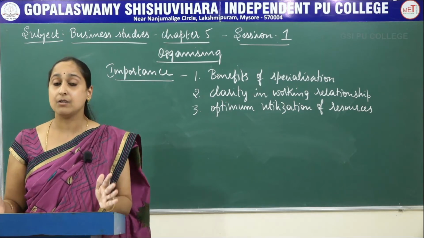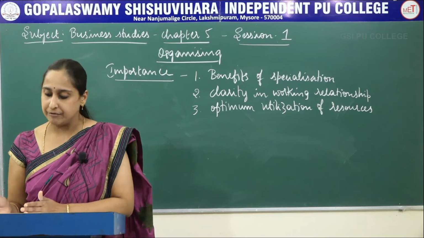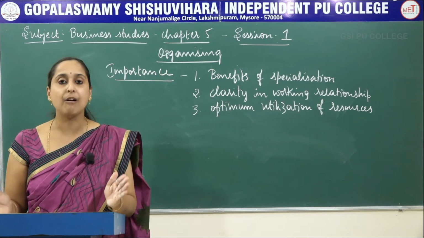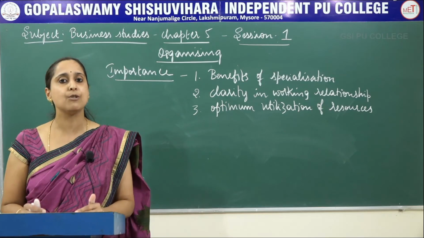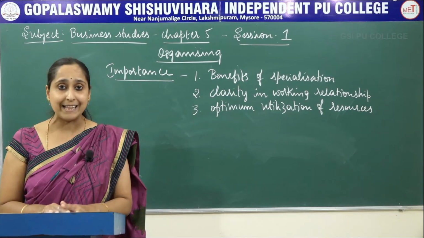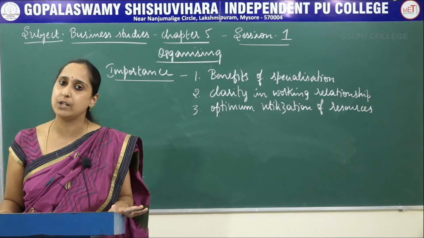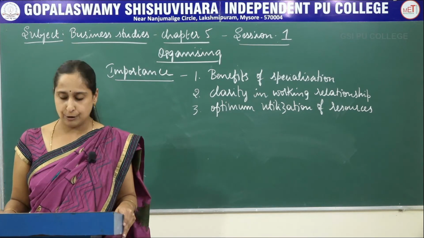There is always a proper assignment of job and it definitely avoids the overlapping of work. Everybody knows what job they have to perform. So all the resources available in the organization will be utilized properly. So that is optimum utilization of resources.